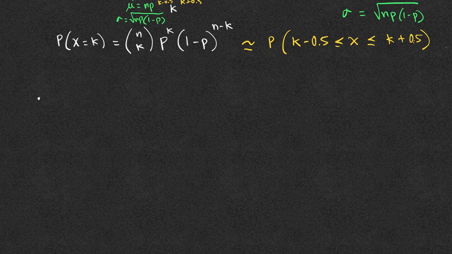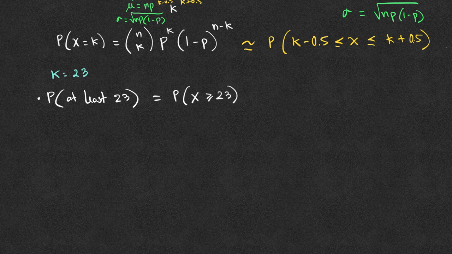To simplify the following discussion, we will suppose that k equals 23. If we're looking for the probability that we have at least k, again, k is 23, then we would interpret it as P of x greater than or equal to 23. And again, this means 23 or more, at least 23.